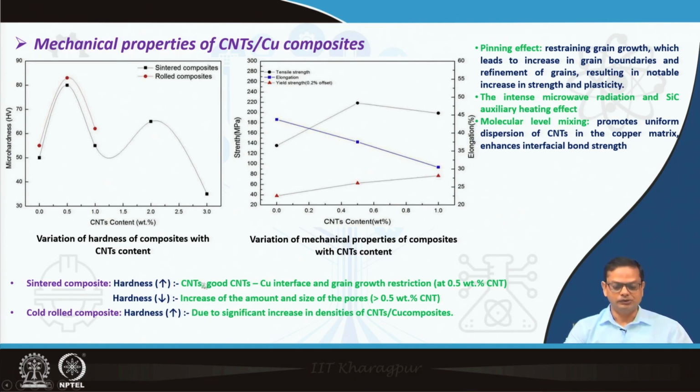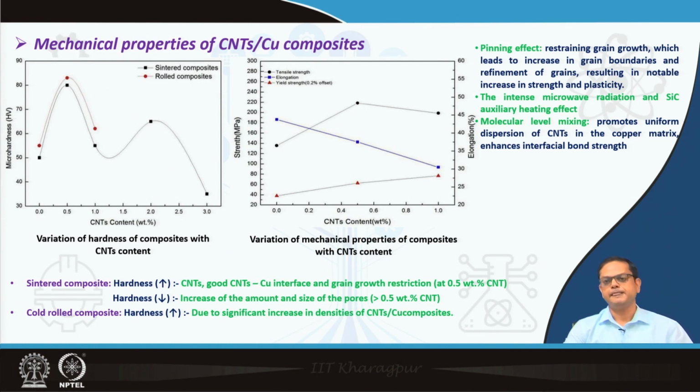So, that is one of the reasons it says that good CNT copper interface and grain growth restriction, as I was mentioning earlier, ultimately would lead to increase in hardness. However, increase of the amount and size of the pores would lead to decrease in hardness. And in case of cold rolled composite, hardness increases due to significant increase in densities of CNT copper nanocomposite.